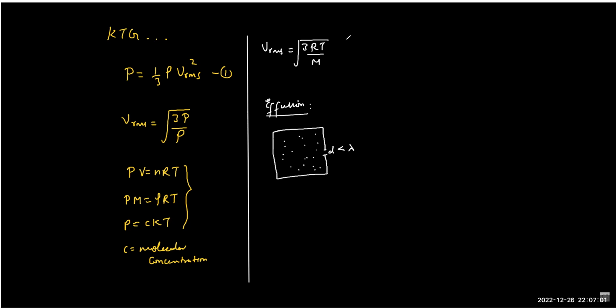So if at one go only one molecule will come, it will definitely come with what speed? RMS, the molecular speed, right? The average molecular speed you can talk about. In effusion, the orifice is smaller than the mean free path or comparable with the mean free path. So it is like the stream of particles will not come.